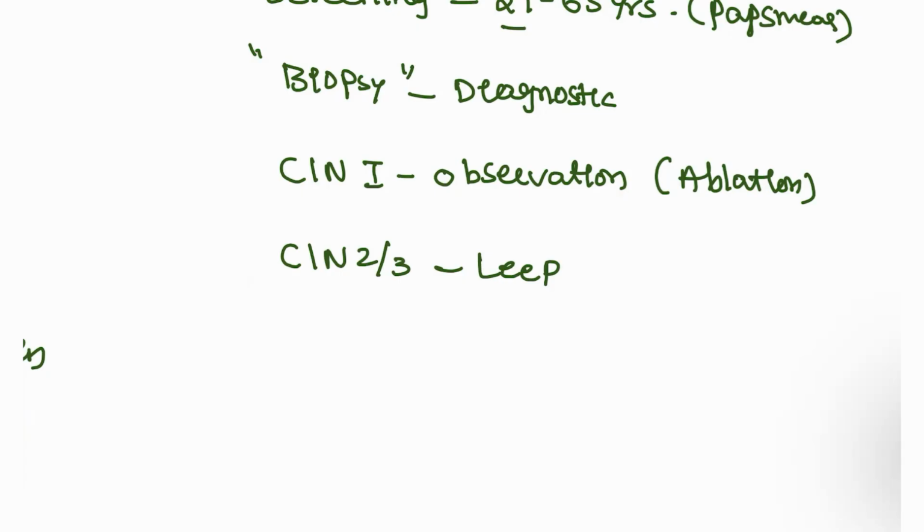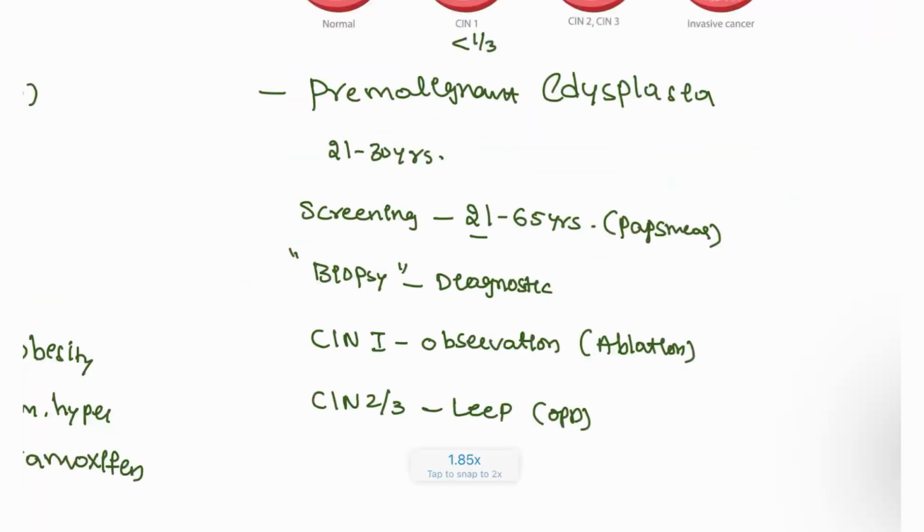This is also an OPD procedure, where the excision will be done by electric current only. So there will be less bleeding. The wire loop is going to cut and coagulate immediately, so that bleeding is also decreased. And a sample can be taken for biopsy. So this is for CIN.